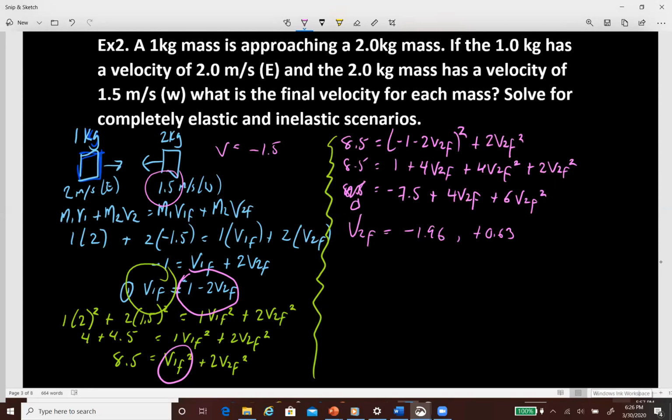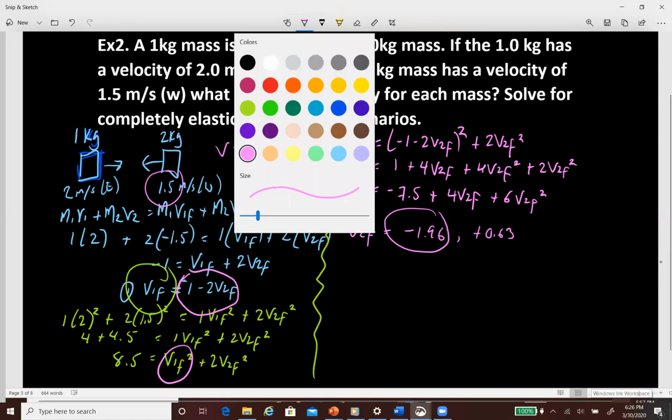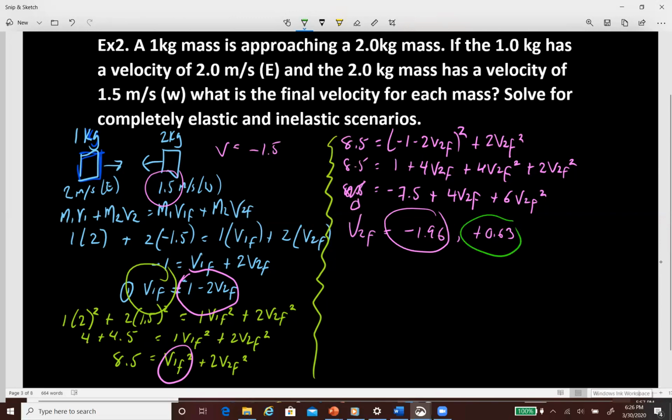Now, it's colliding with something that's moving in the opposite direction. So would it make sense that after the collision, it would be faster going in that direction? No, it doesn't make any sense at all. Is it possible that it's going in the other direction? Yes, it is. So this is the answer that makes sense. So this is the answer we are going to take.